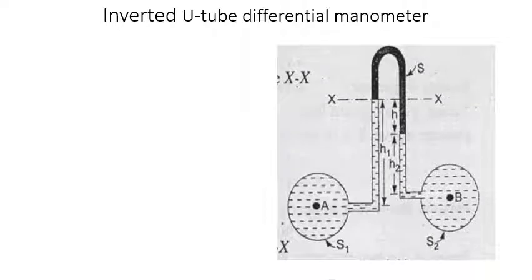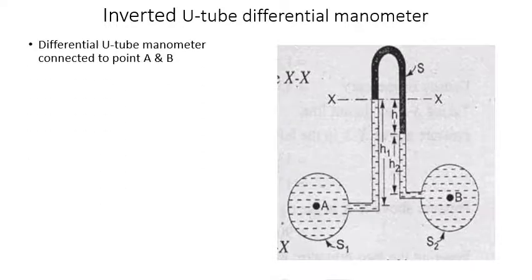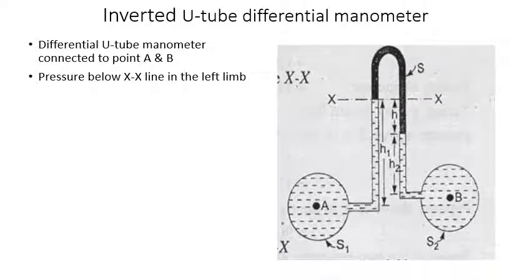Next, the inverted U-tube differential manometer. Here the U-tube manometer is placed in an inverted direction and the pipes A and B are placed at different levels. The inverted U-tube differential manometer is connected at points A and B. The pressure below the XX line in the left limb is P_A minus rho 1 g h1.